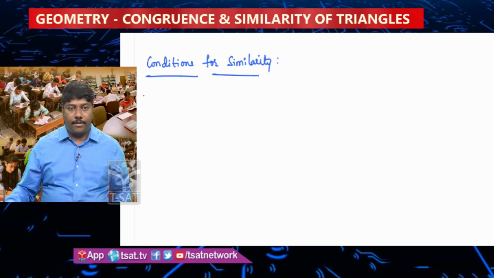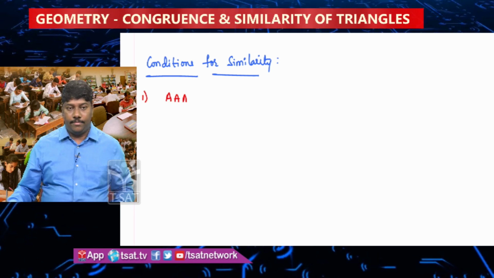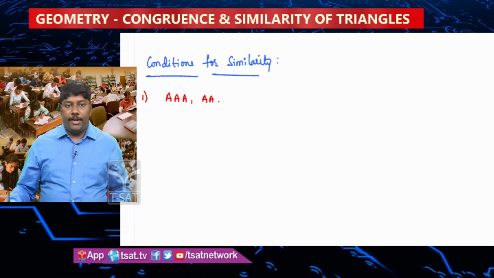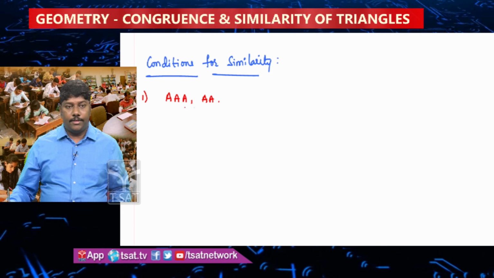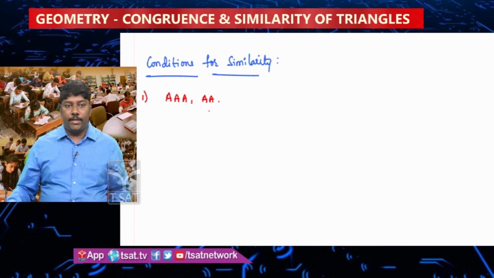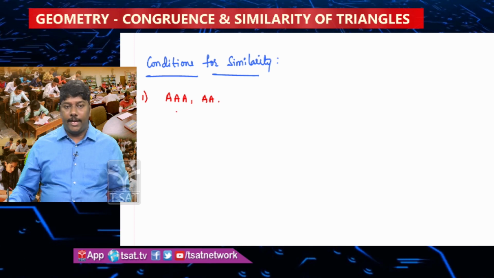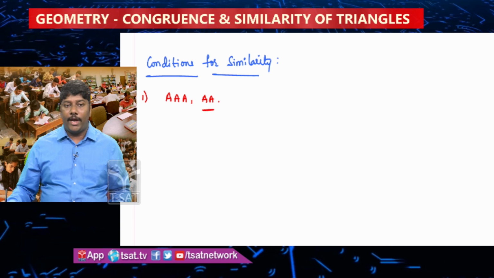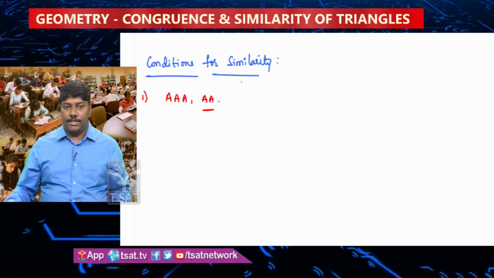Conditions for similarity. First condition, angle, angle, angle, or else two angles. All the 3 angles of the first triangle should be equal to all the 3 angles of the second one. Or else you can say at least 2 angles of the first triangle are equal to 2 angles of the other triangle.